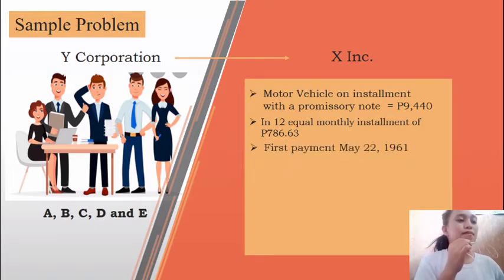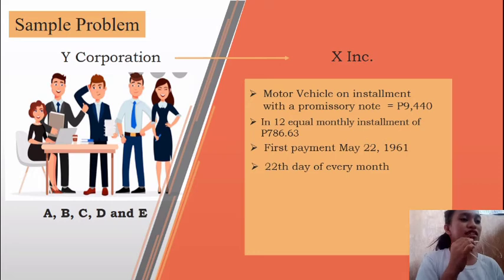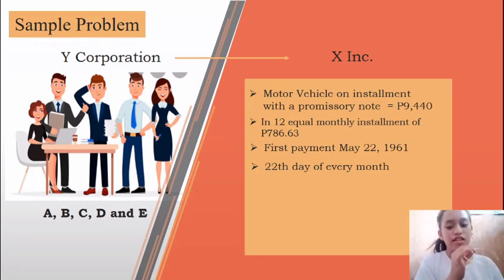The first payment was made on May 22, 1961, and the following payments on the 22nd day of every month until fully paid, with the condition that failure to pay any of the installments would render the whole unpaid balance immediately due and demandable.